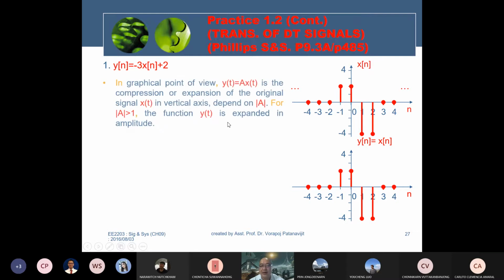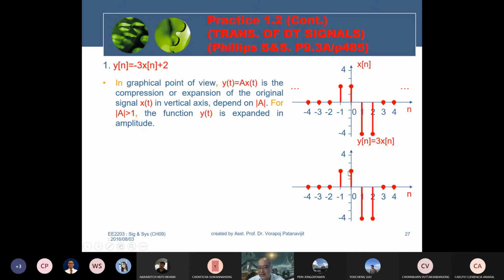In the graphical point of view, y(t) equal to a x(t) is the compression or the expansion of the original signal x(t) in the vertical axis depending on absolute a. For absolute a greater than 1, the function y(t) is expanded in amplitude. The first one, we proceed for the amplitude scaling first, amplitude scaling by 3.